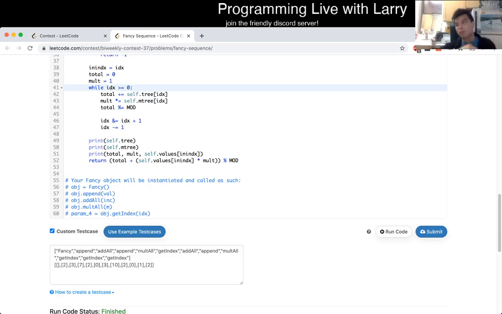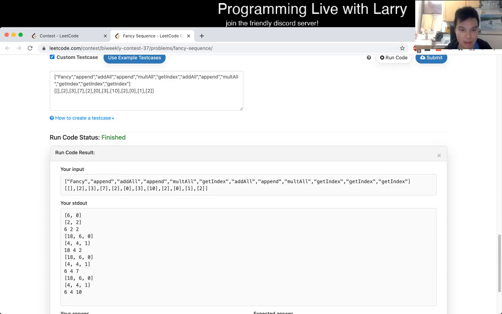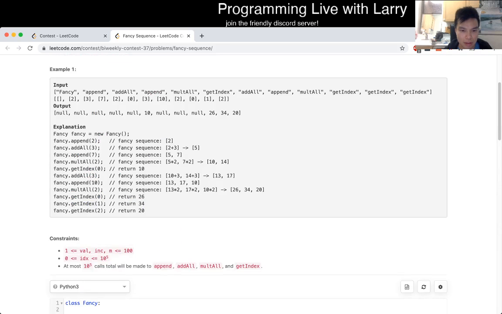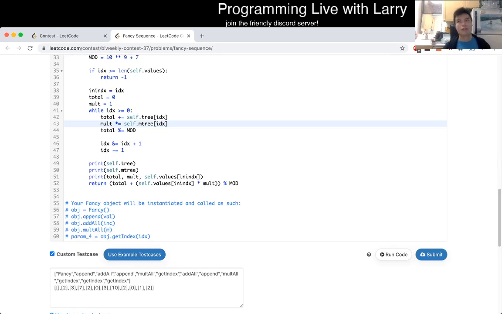Because this is the product of order or something like that. I don't know how to reconstruct it. That's the problem.